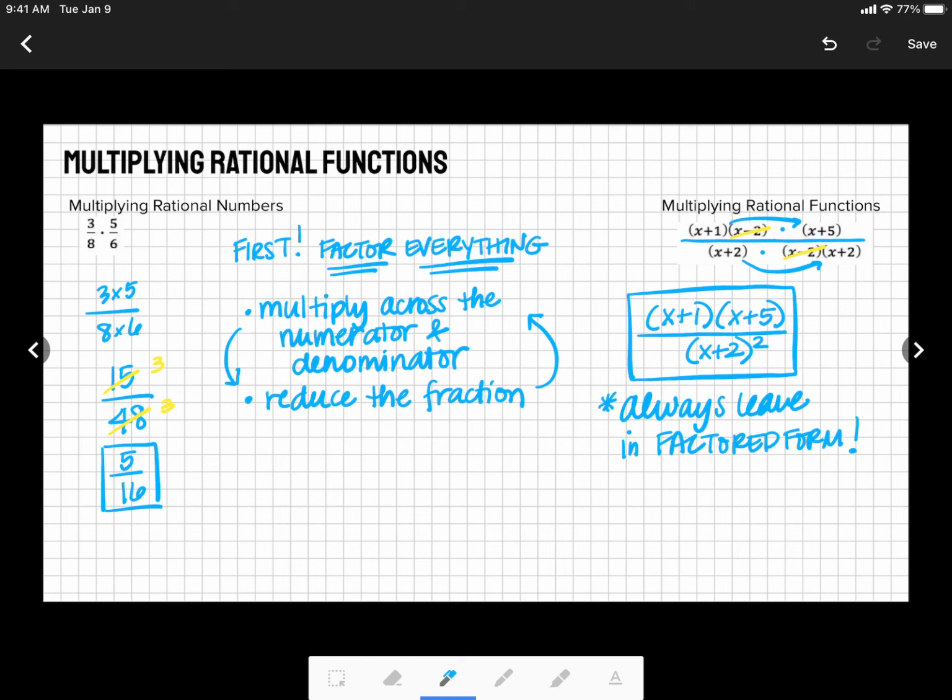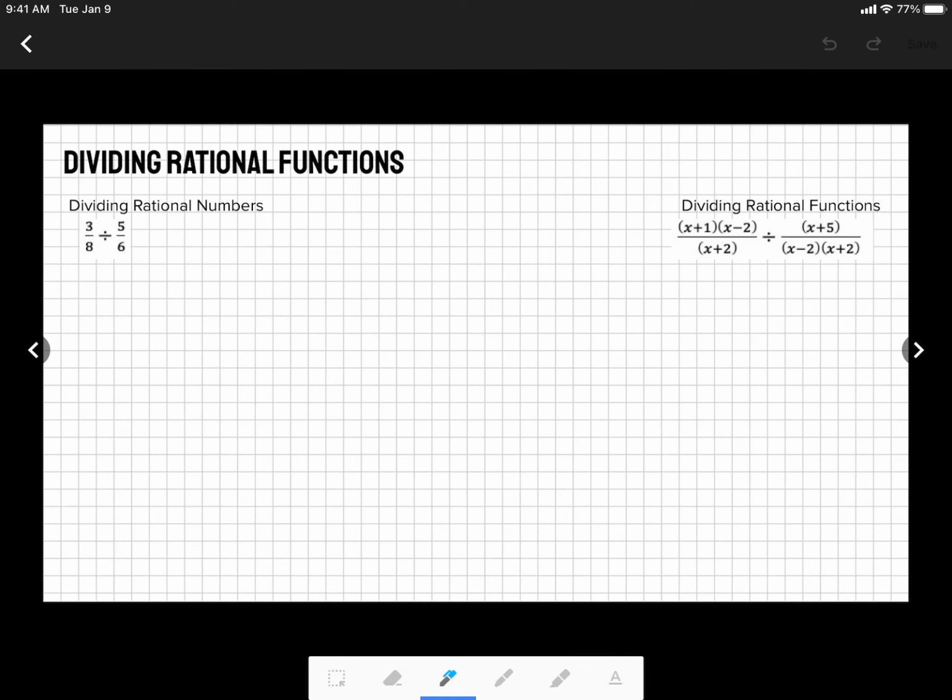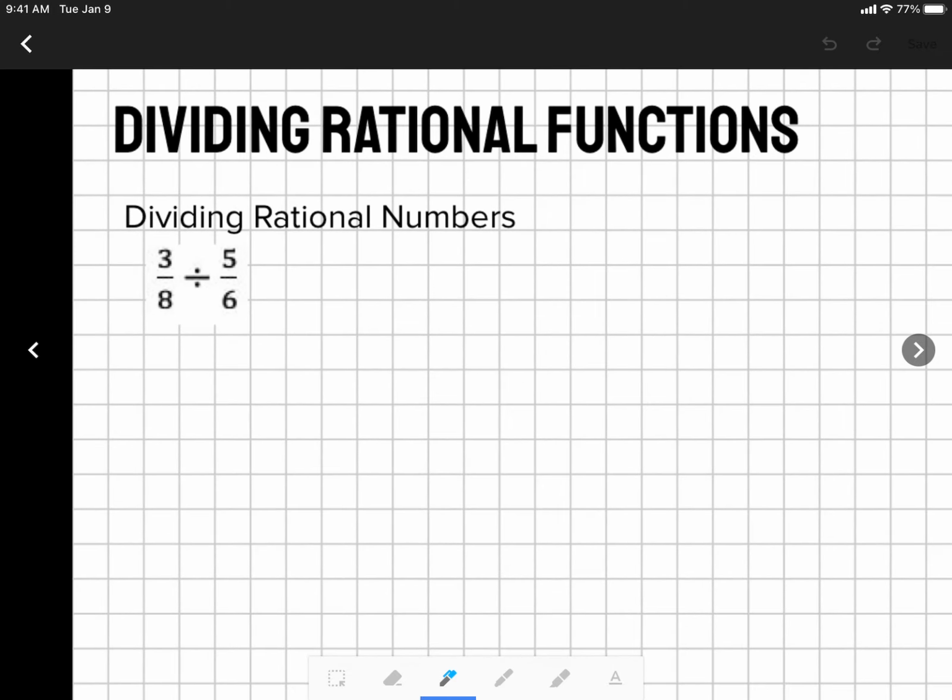So we're going to try one more example, just one last one. This one is dividing. If we look at dividing rational numbers, I learned back in, I want to say, 5th or 6th grade, that when we're dividing numbers, we invert and multiply.